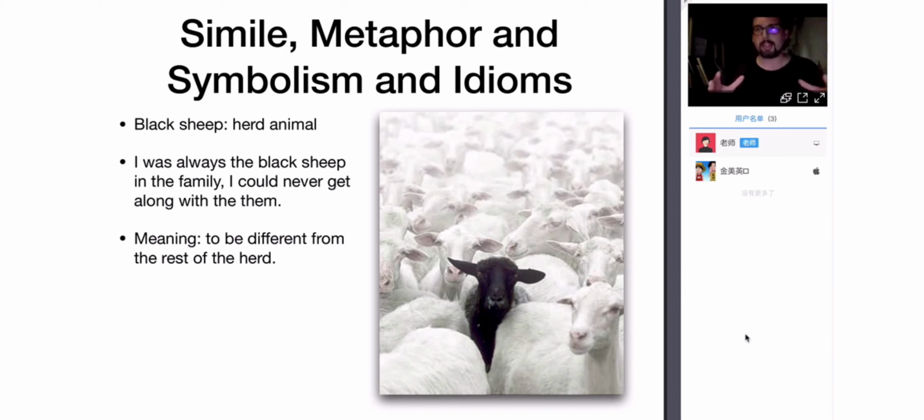They can protect themselves from predators as moving as one large herd. And a black sheep stands out. That makes the black sheep a little bit more susceptible or vulnerable to predation. Okay, so the black sheep is a bit of an outsider, an outcast. Maybe the black sheep is not wanted, is not readily accepted in the herd because it makes the herd more perceptible to predators, possibly.